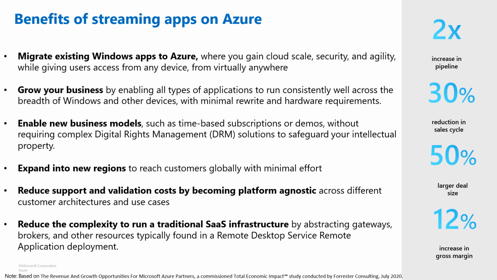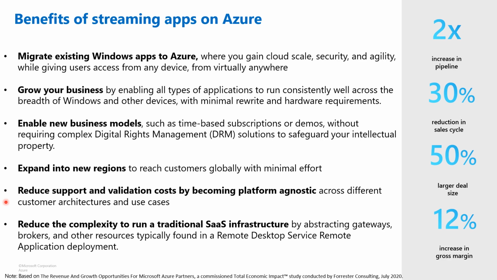If we look at the numbers over on the right hand side, you can see 2 times increase in pipeline, 30% reduction in sales cycle, 50% larger deal size, and which ultimately lends to an increase of 12% in gross margin.